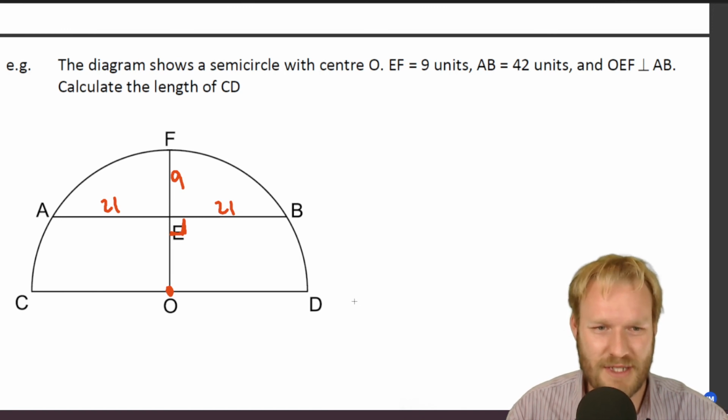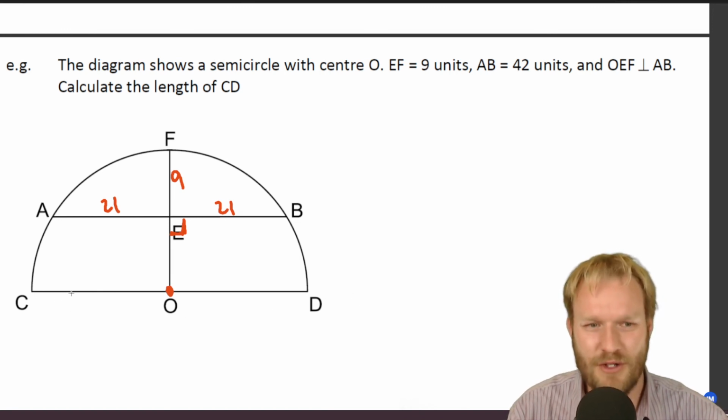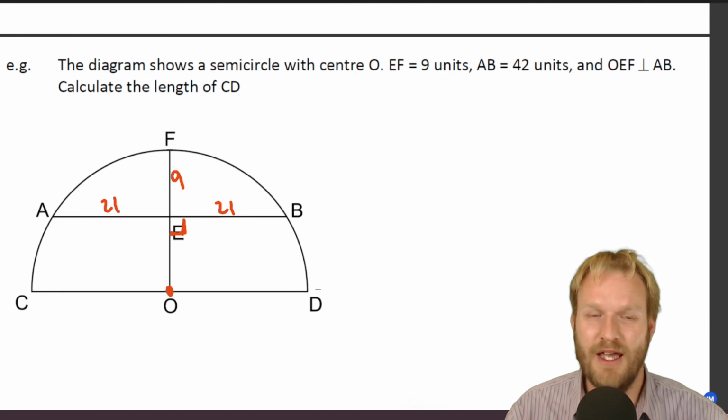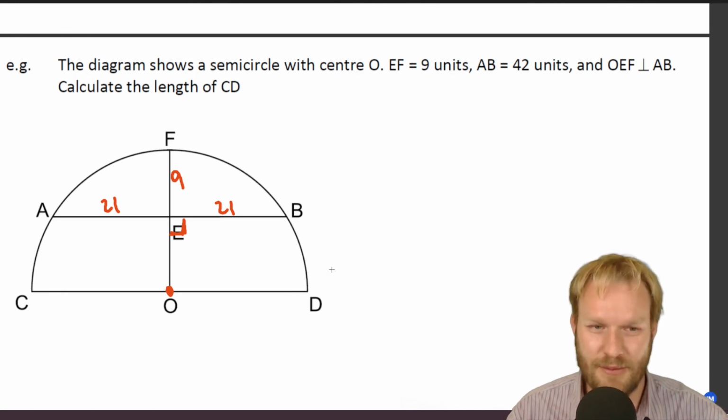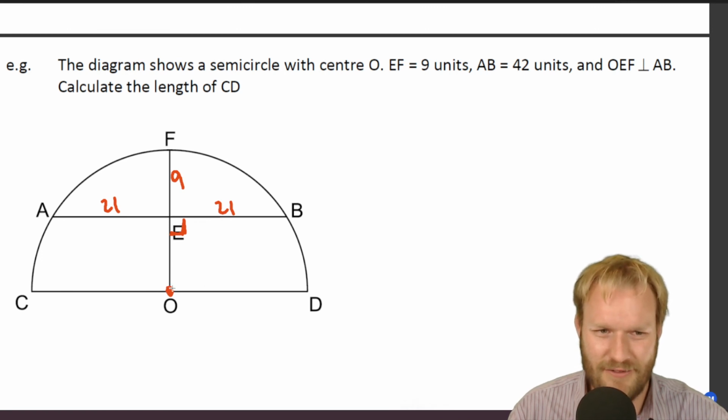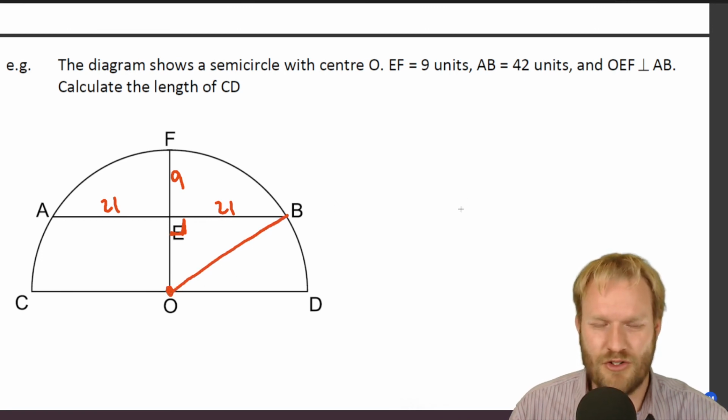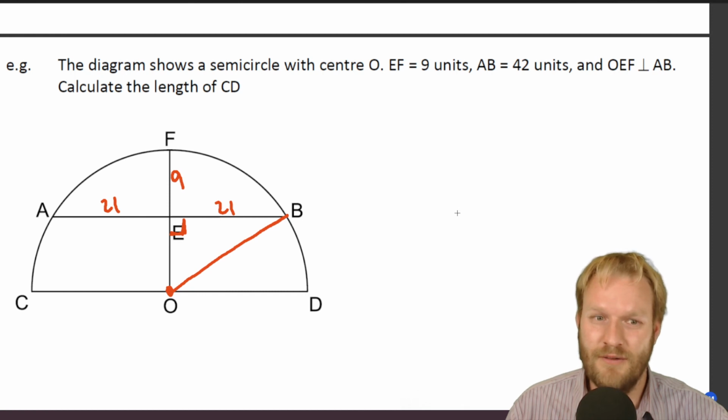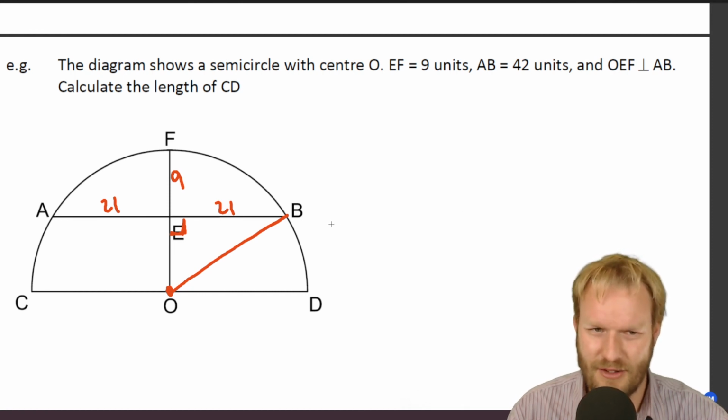Calculate the length of CD. In other words, calculate the diameter. In other words, calculate what the radius is and times it by 2. So as I said, it feels like we want to construct some sort of radius here. So we've got a right angle triangle.